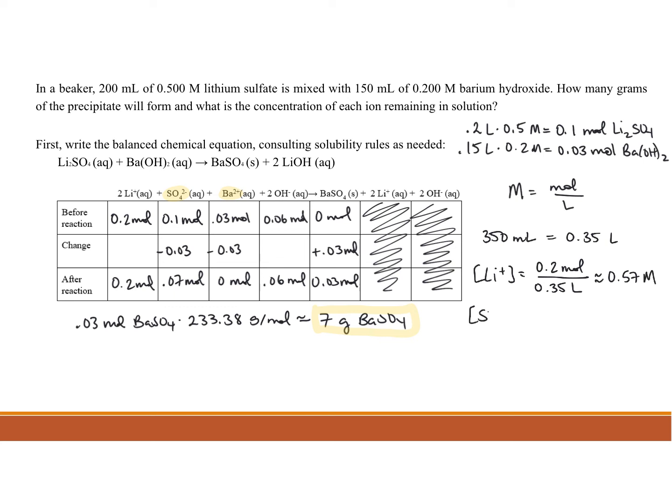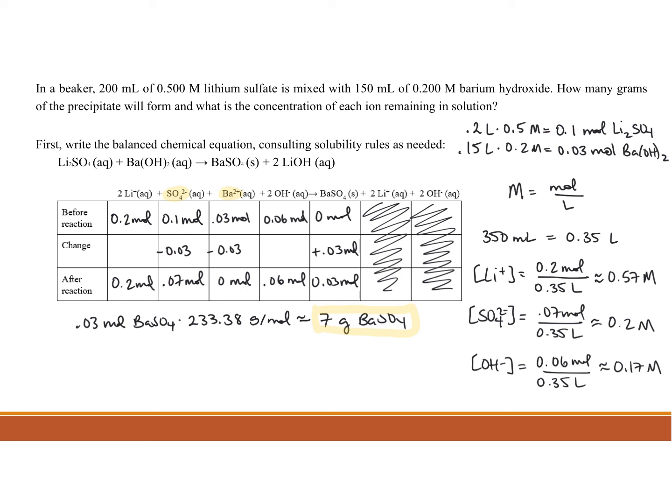The SO4 2-, which is kind of the excess ion, 0.07 divided by 0.35 gives you 0.2 molar, and then the OH- will be 0.06 mole divided by 0.35 liter, and that gives you 0.17 molar.